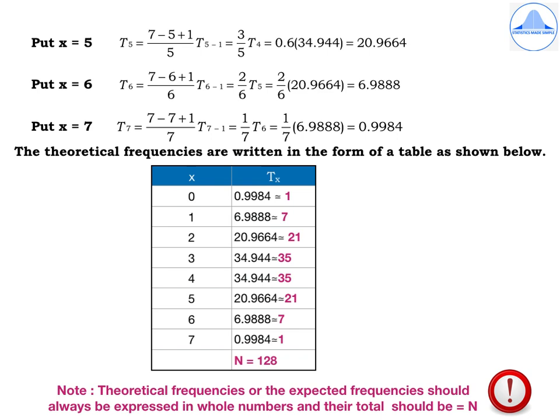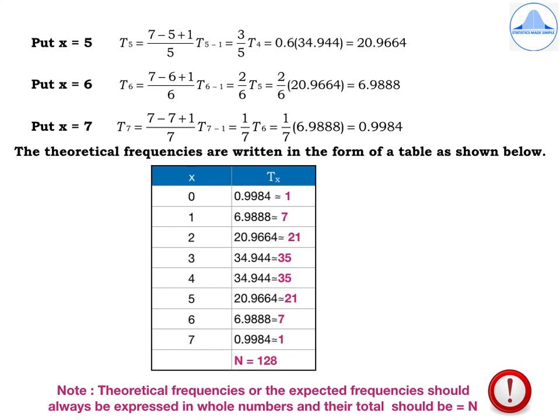So form a table with two columns. The first column will be x. List down the values from 0 to 7. The next column is Tx. Write the values as 0.9984, which I approximate to 1, 6.9888, which is again approximated to a whole number, that is 7, 20.9664 approximated to 21.